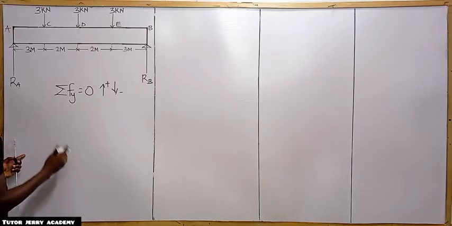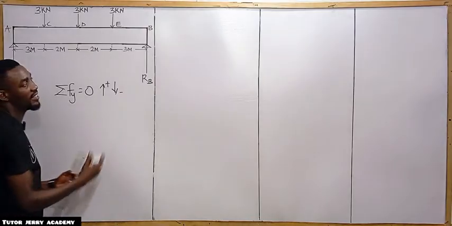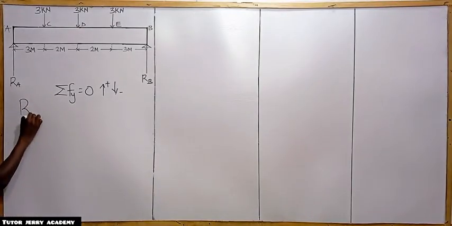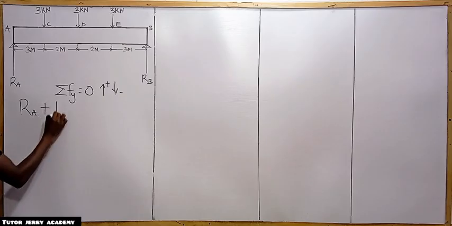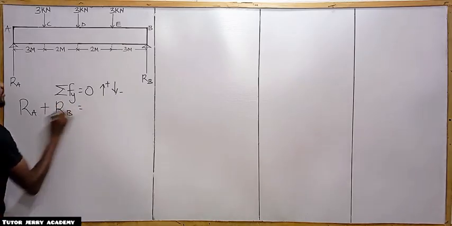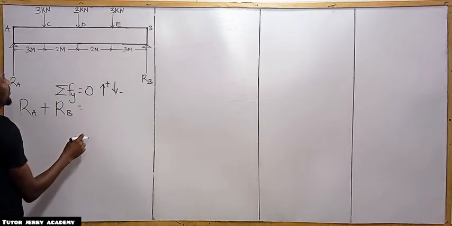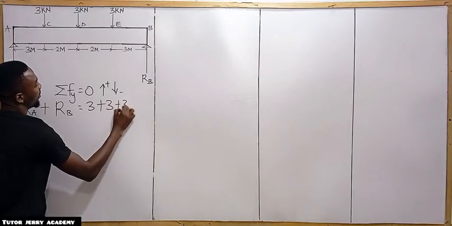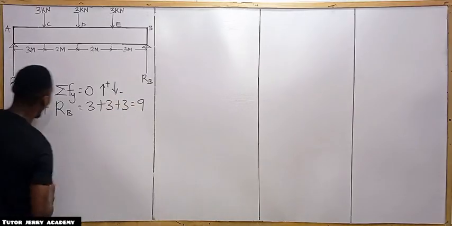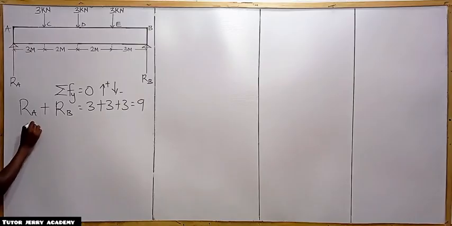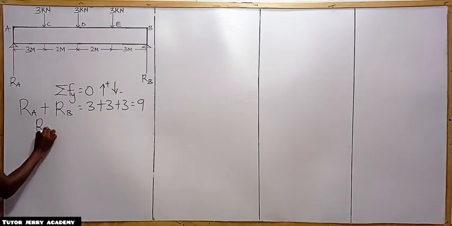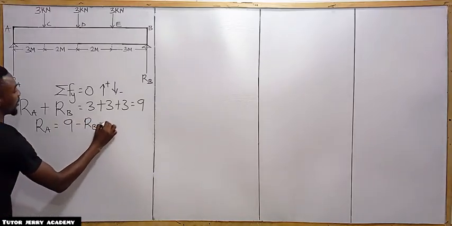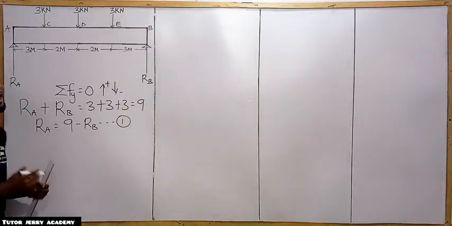Our upward forces are the reaction at A and the reaction at B. So reaction at A plus reaction at B equals the sum of our downward forces, 3 plus 3 plus 3, which is 9. If we make reaction at A the subject, reaction at A equals 9 minus reaction at B. Let us call this equation number 1.